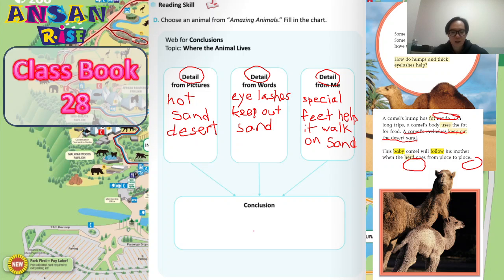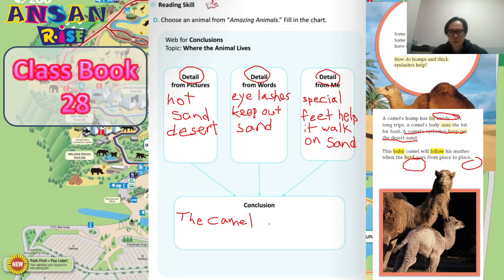We're talking about the camel. We know that the camel. And what are we talking about with the camel? We're talking about its feet and its eyelashes. So those are parts of its body. So they're body parts.